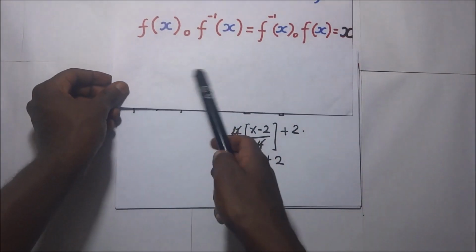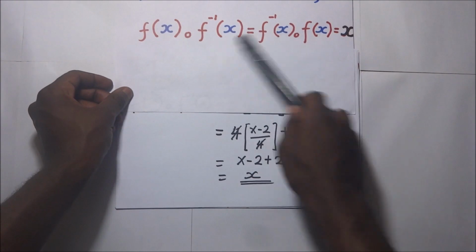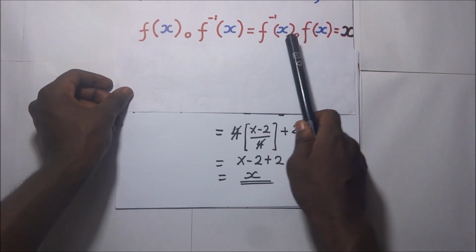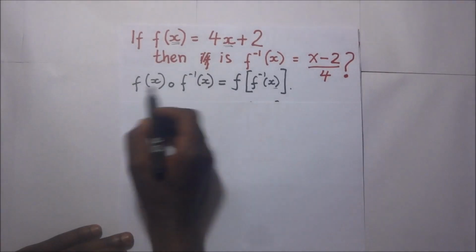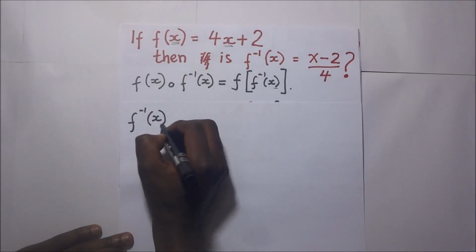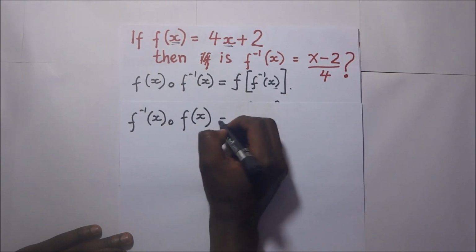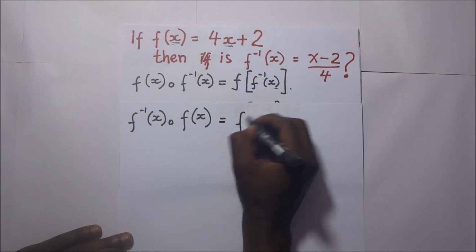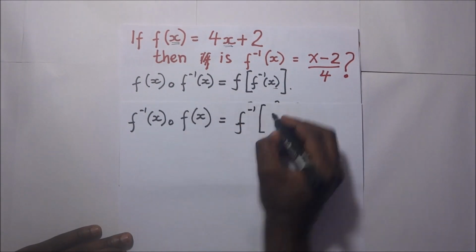So that's the first bit. We have been trying to verify this part of the relation here. So we are going to go ahead and do the same thing, but the reverse way, in this form. So we are going to do a reverse of this. The composite function of those two is interpreted as the inverse where the input is going to be f of x.